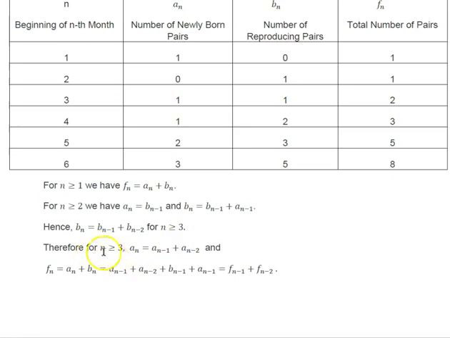So for n greater than or equal to 3, we also have a sub n equals a sub n minus 1 plus a sub n minus 2, because you see these equalities.